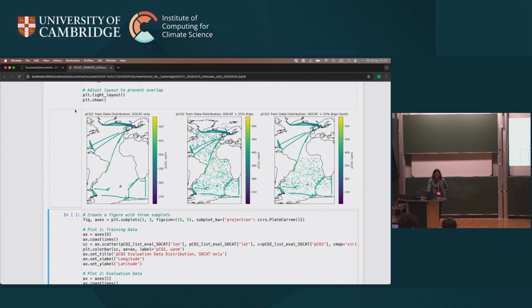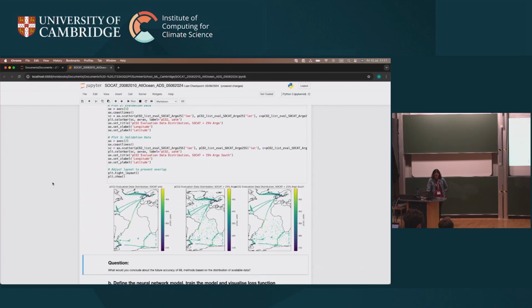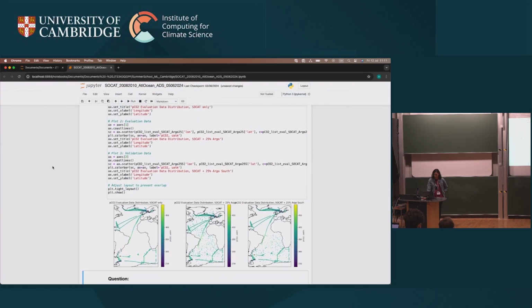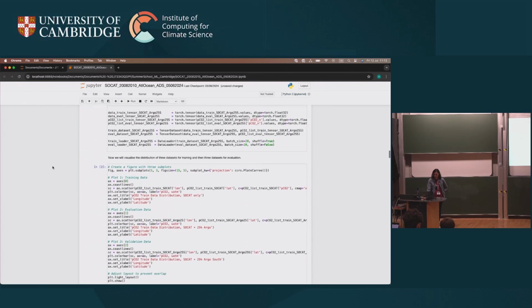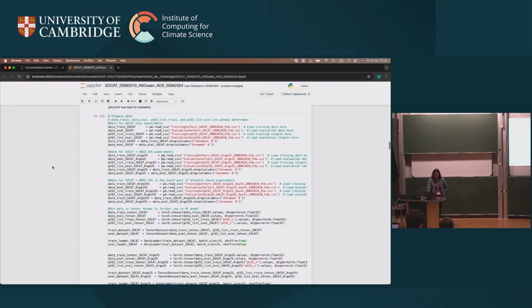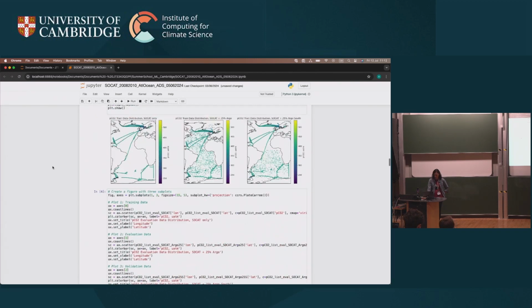And if you run the next one, this is the evaluation data. Also, as explained in the notebook, the evaluation data we take at each course point. So we have 75 data for training and 25 for evaluation.